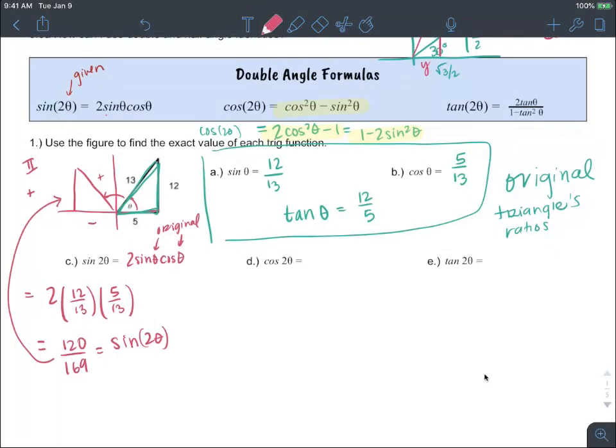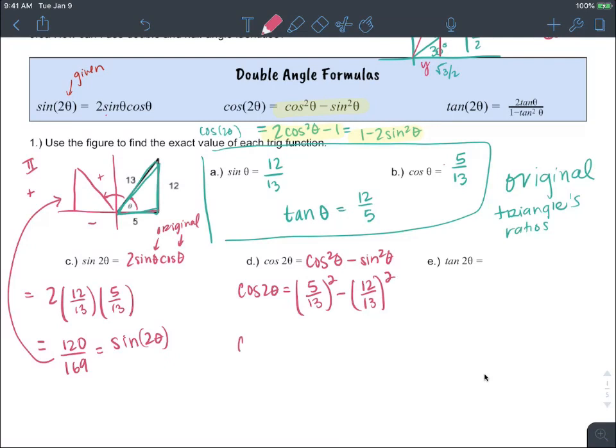Okay, cosine 2 theta, I'm going to use the first formula, but you can use any one of those. So cosine 2 theta is equal to cosine, which is 5 over 13, squared, minus sine theta squared.